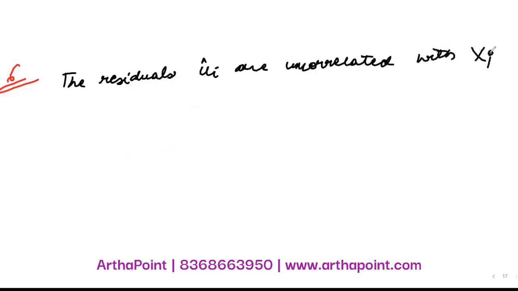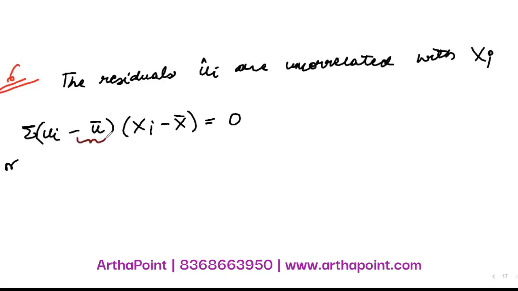To prove that the residuals are uncorrelated with xi, I have to prove that summation ui minus u bar into xi minus x bar is 0. Or, because u bar is anyways 0, I know that the average of the error terms is 0, so I have to prove summation ui into xi minus x bar is 0.